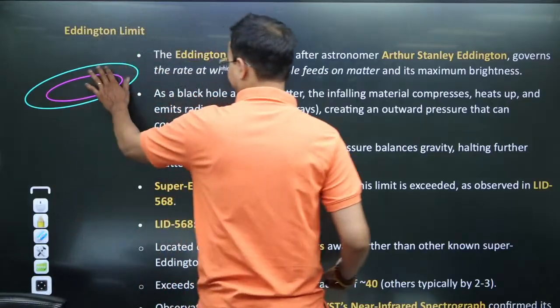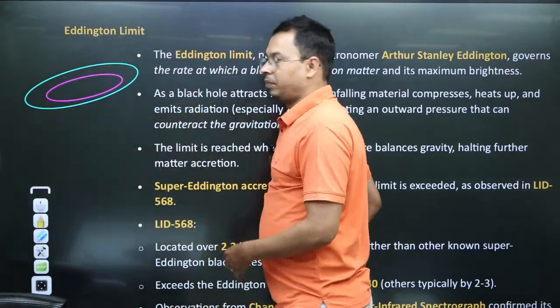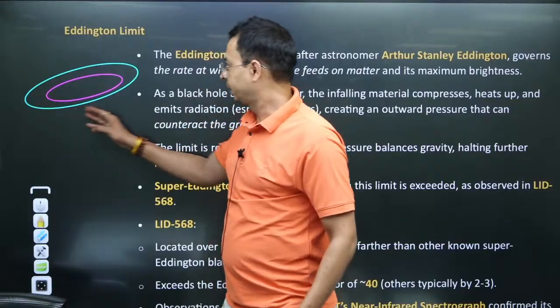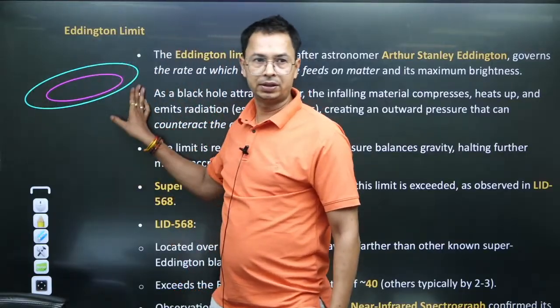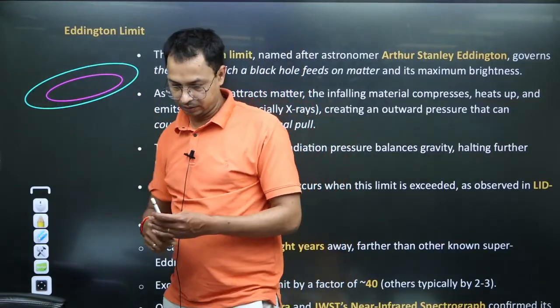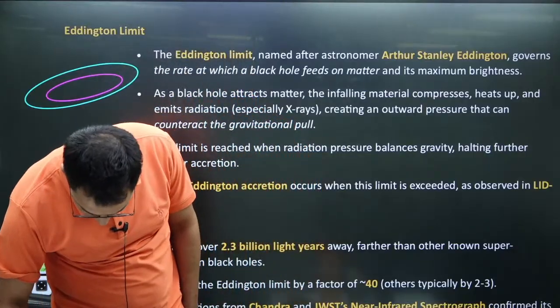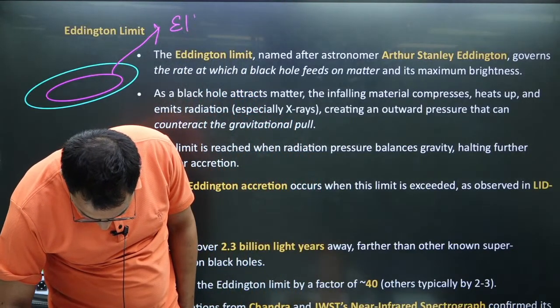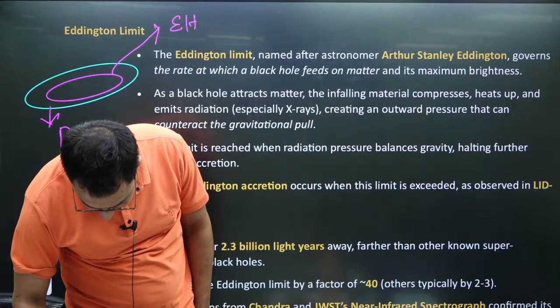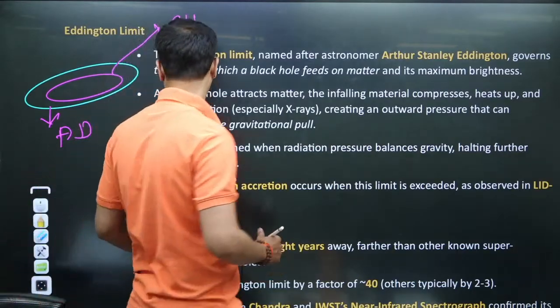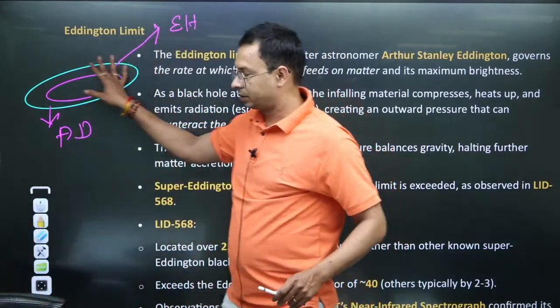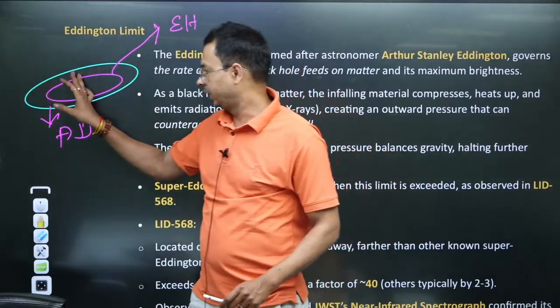Now, this black hole is eating mass, and this mass is accreting around this event horizon. This red is the event horizon and this is the accretion disk.